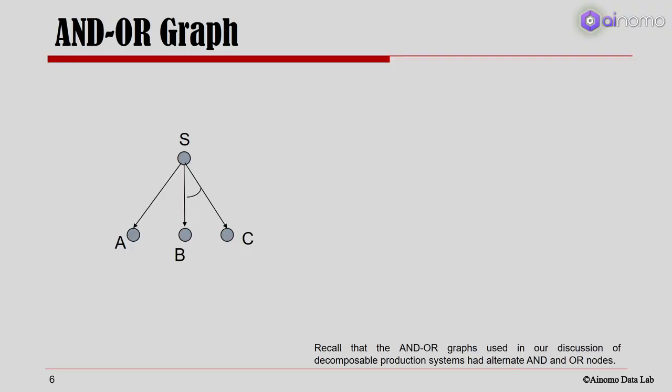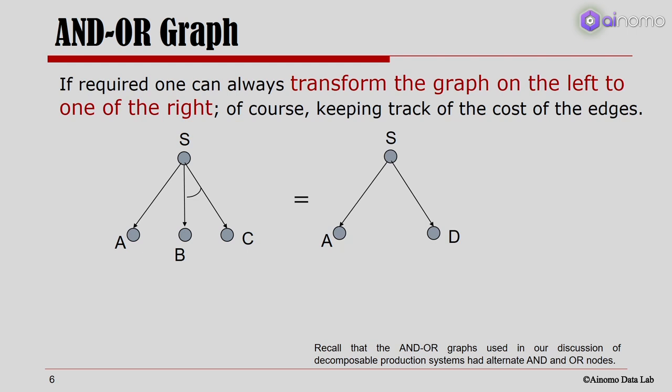So let us look at this with an example. Here is our graph S with an A and a 2 connector leading to B and C. We can replace this with the graph on the right, where we maintain the fact that there are 2 possibilities of solution for S, one going to A and the other going to B and C together.